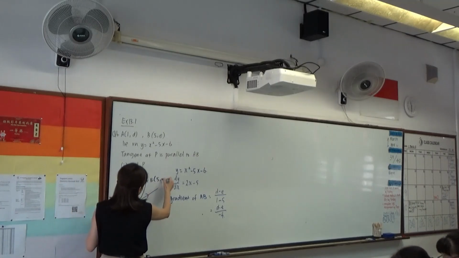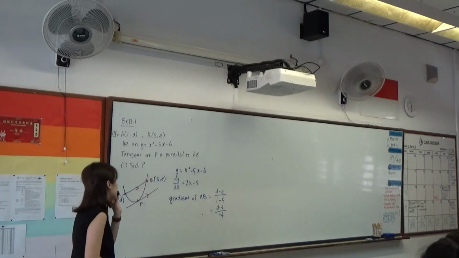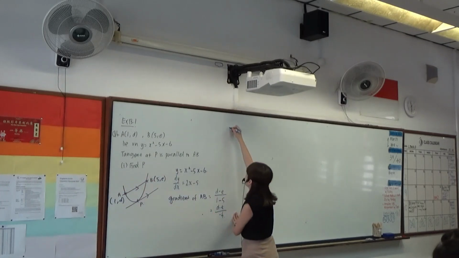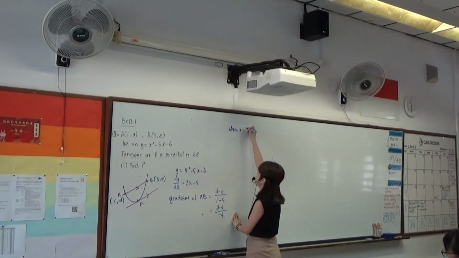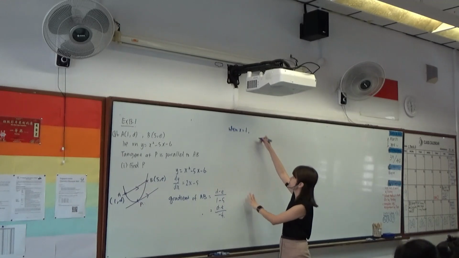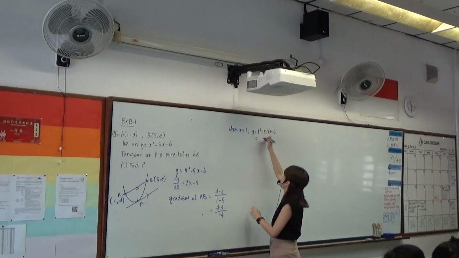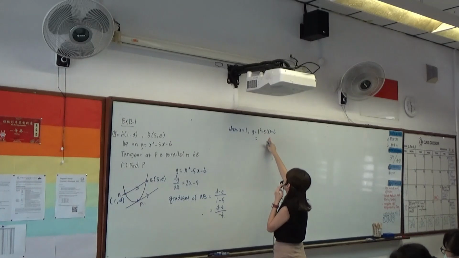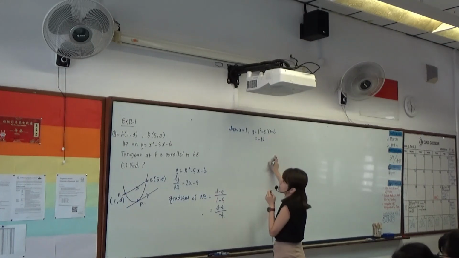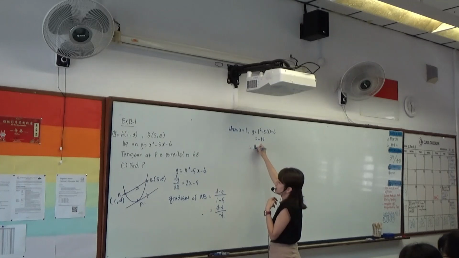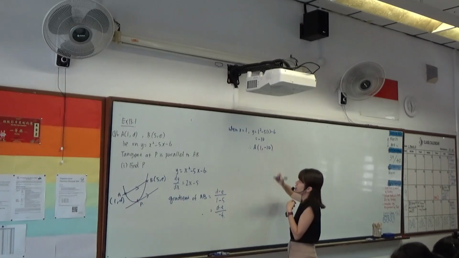Likewise, the point (5, e) will also have to satisfy. That means that when your x coordinate is 1, using the equation of the curve, we will find 1 minus 5 is negative 4, negative 10. So therefore, A has the coordinates (1, negative 10).